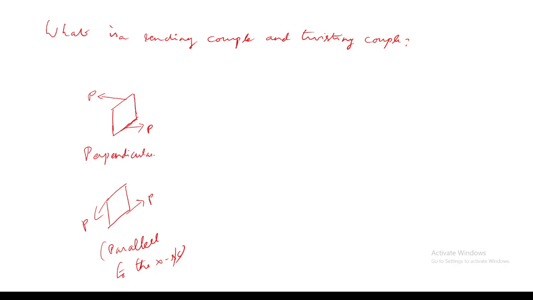So if a couple is formed perpendicular to the cross section, what will you get, a bending couple or a twisting couple? Yeah, you will get a bending couple. And if you have the couple which is parallel to the plane of cross section, then you will have a twisting couple.